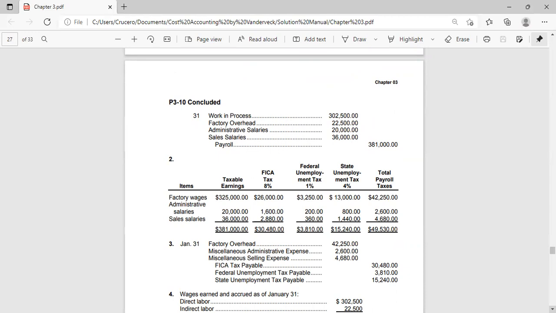And by the way, we have the allocation of the payroll: debit work in process for direct labor, factory overhead for indirect labor, and debit factory administrative salaries and sales salaries. So what's your total amount? So we can have the missing item there for our administrative salaries.